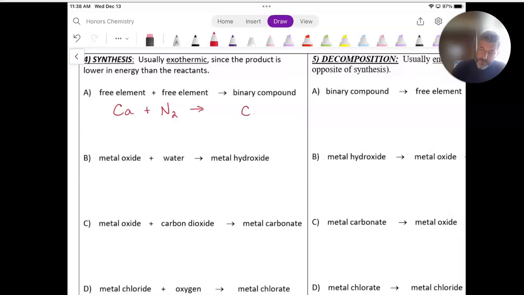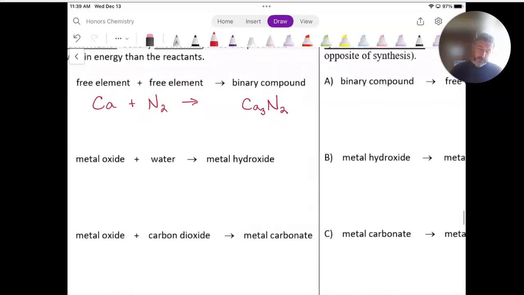And so all we have to do is remember how to balance charges when we put them together. And since calcium is 2 plus and nitride is 3 minus, we are going to need 3 calciums and 2 nitrides in order to balance. And then in terms of balancing the equation, which of course we only do after we've written the formula correctly with charges balanced, we would have to balance by putting a 3 in front of calcium.